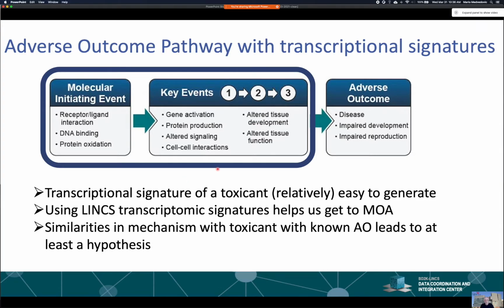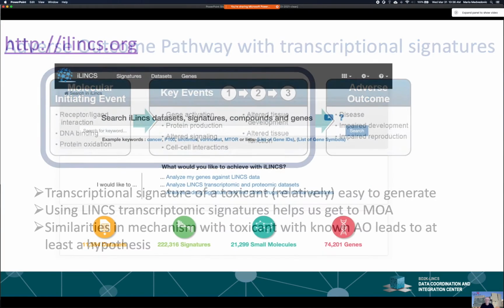Once we know the mechanism, we could compare this to the mechanisms of toxicants with a known adverse outcome pathway, in which we know the mechanism and we know the adverse outcome. So if we can match the mechanism of a new toxicant, we can at least hypothesize what adverse outcomes ultimately can be for the toxin.